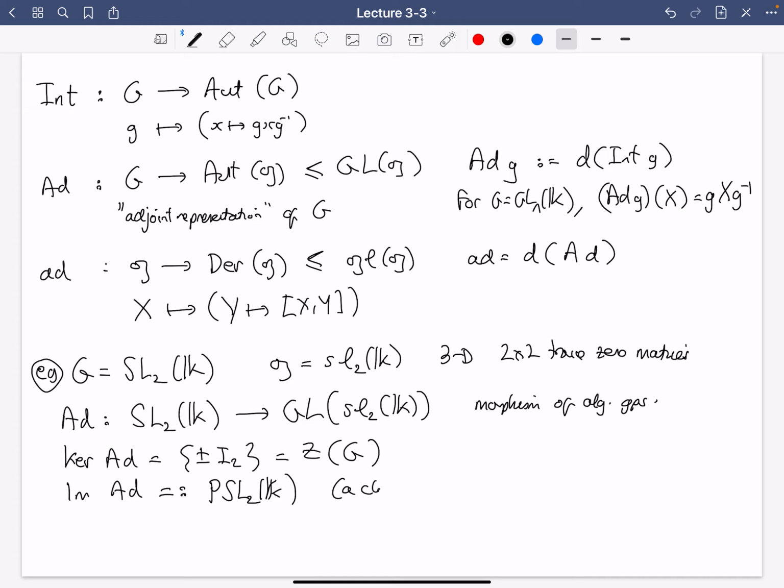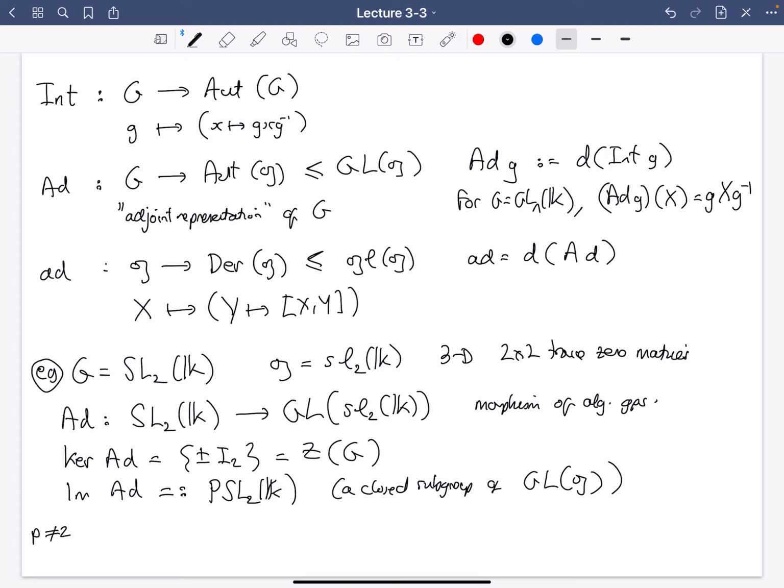So this is a closed subgroup of GL(g). I think I talked about PSL2 of K before, and I wasn't in a position to give you the correct definition of PSL2 of K. This is the correct definition. It's the image of the group SL2 of K under its adjoint representation.